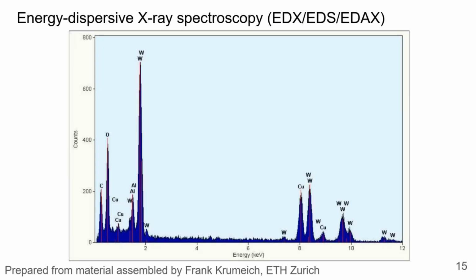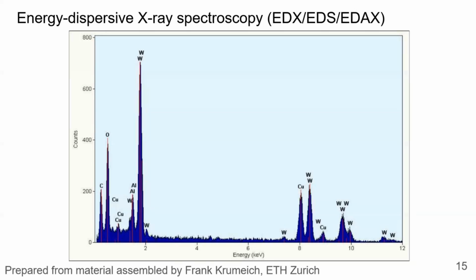The first vignette is about EDX, or energy dispersive X-ray spectroscopy. This is a material science technique, and I'm going to venture a guess that most people in the audience are not material scientists. But basically, all you need to know about it is you bombard a sample with electrons, and then the elements in that sample will shoot off X-rays.